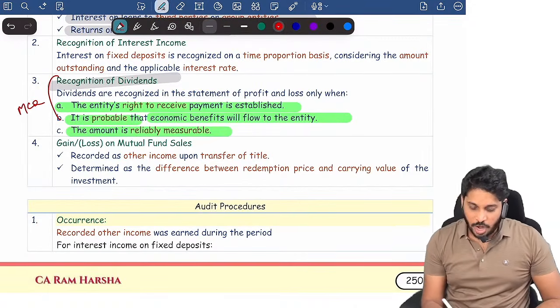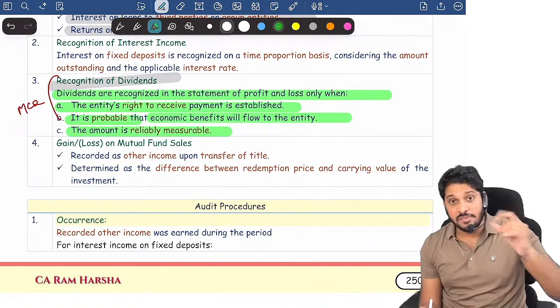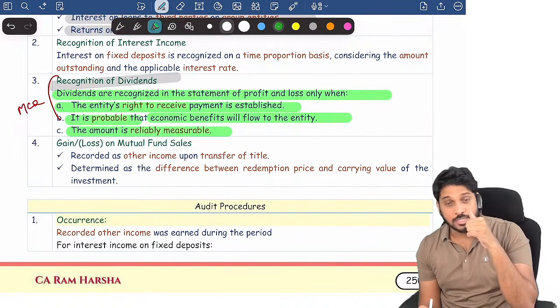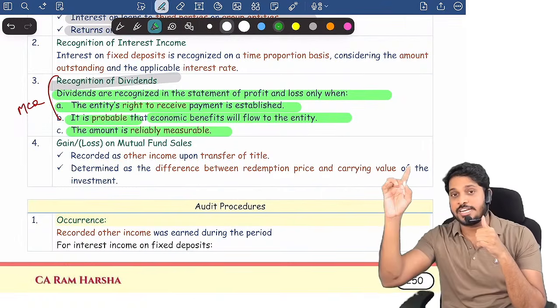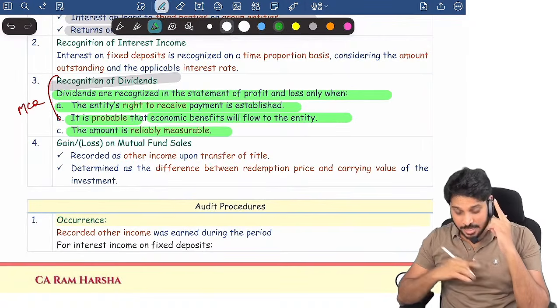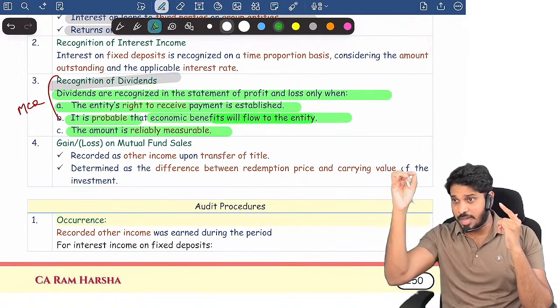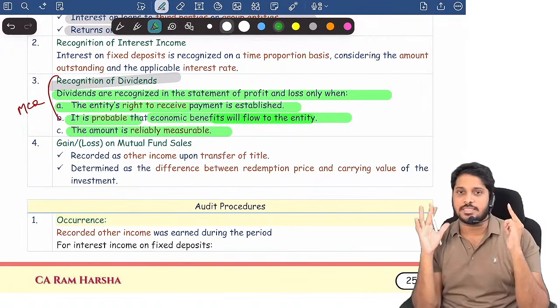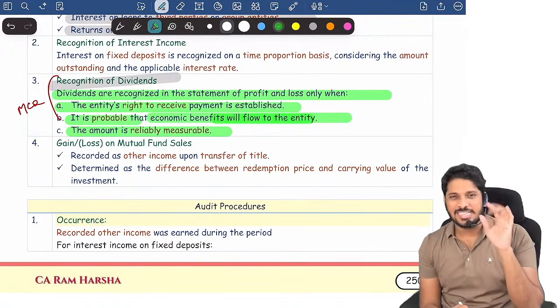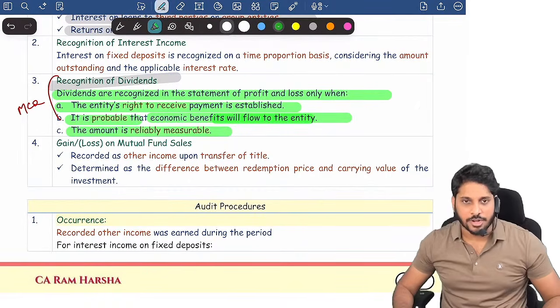Dividends are recognized in P&L only when the right to receive payment is established, that is, when the other company declares the dividend. And see that the benefit will probably flow to the entity, and that the amount of dividend is measured reliably. That is one more important point.